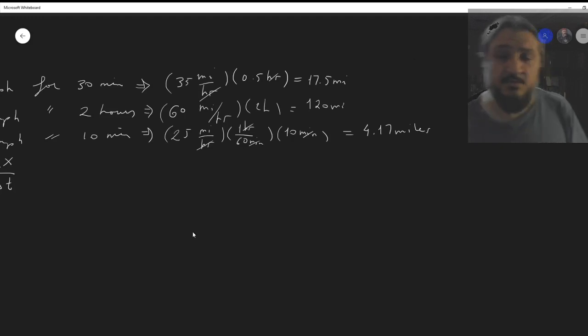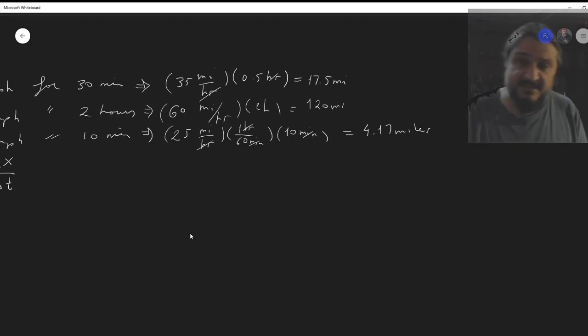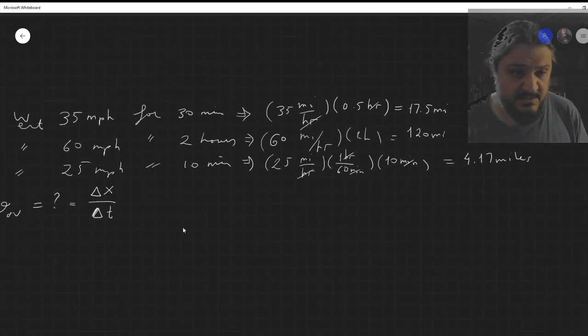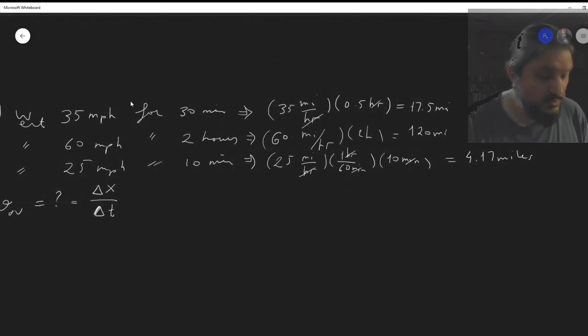Okay, so the net displacement then is the sum of these numbers. 17.5 plus 120 plus 4.17. That is 141.67 miles.